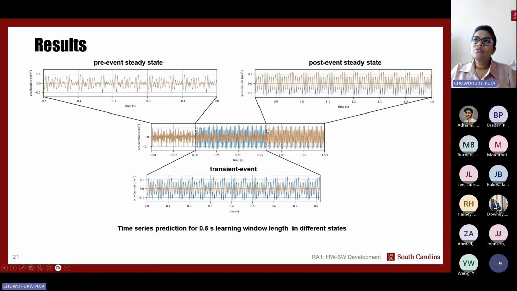Then after this event, we consider the post-event steady state. In the pre-event, before the non-stationarity happens, the prediction is much better. Even after that, in the post-event state, it is better. But when passing through this transient event, the prediction fluctuates a little bit.